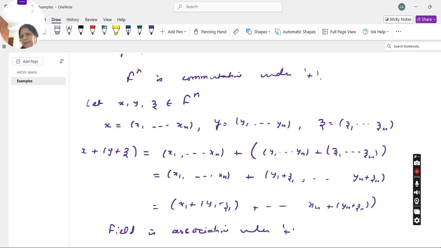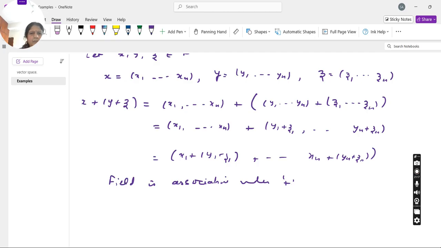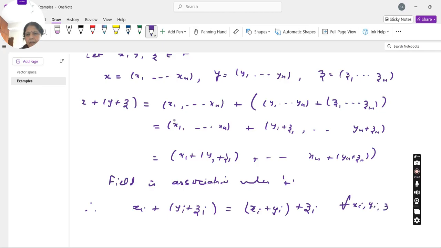Therefore, xi plus (yi plus zi) equals (xi plus yi) plus zi for all xi, yi, zi belonging to F and for all i.